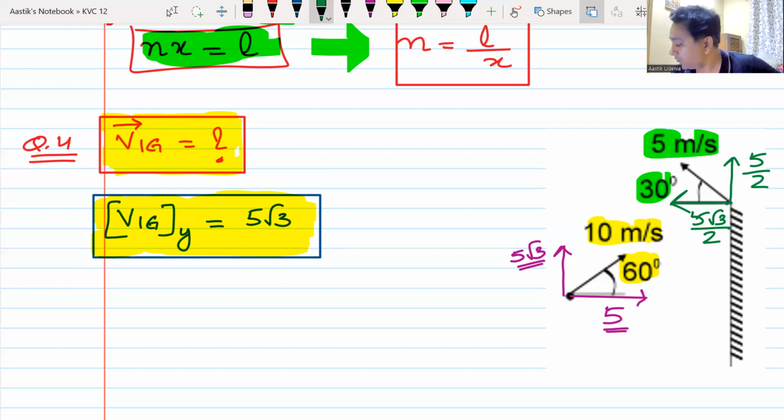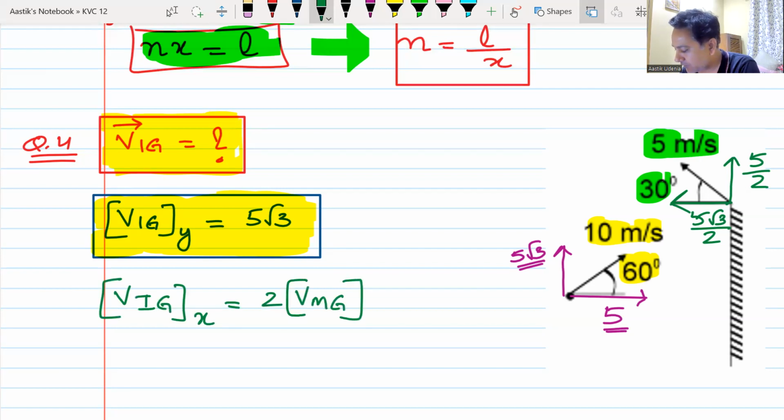Now I will move on to the components. So velocity of image with respect to ground's x component we are talking about, and you must remember it is 2 times velocity of mirror with respect to ground's x component minus velocity of object with respect to ground's x component.